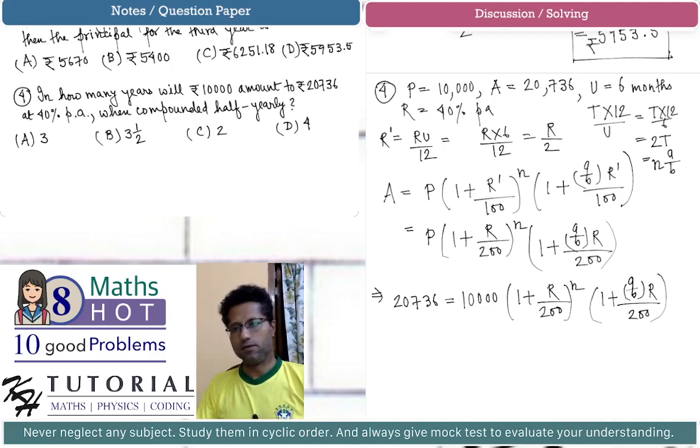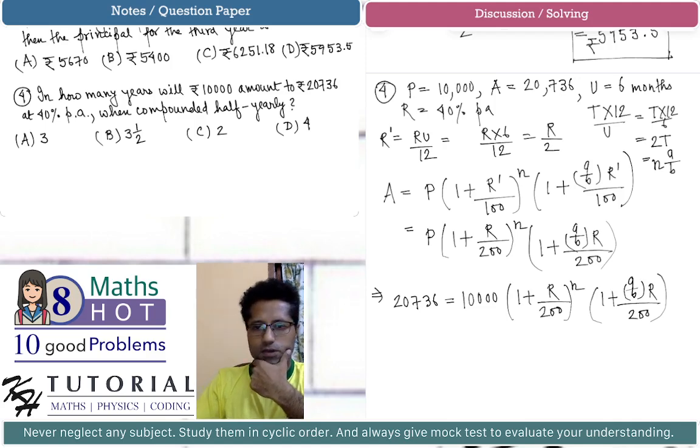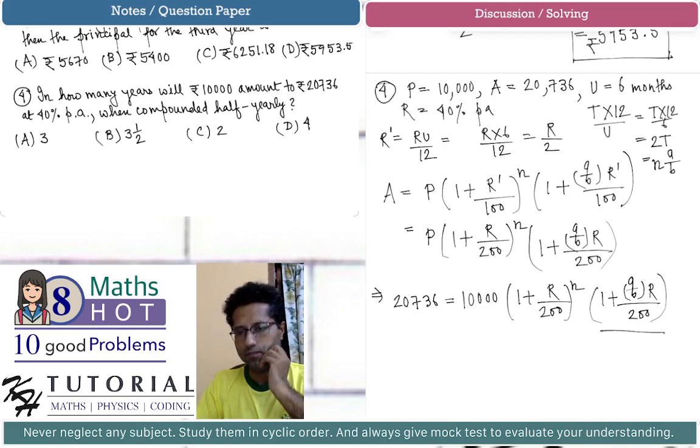Now usually to solve this kind of problem where you have to find the power, you have to find the time period T, essentially you have to somehow find the value of small n, that is the power. Now if you consider this factor to be not equal to 1, then it will be difficult to solve for small n and a by b. So it is better you consider the fraction a by b to be 0.